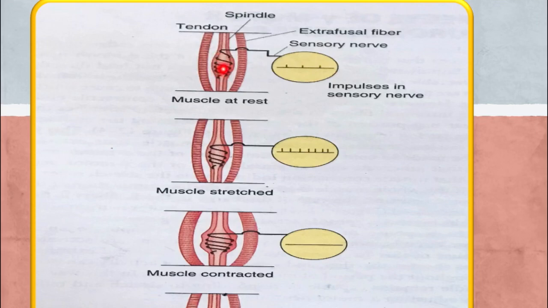Okay, muscle spindle, and we are recording the impulses generated in this black afferent fiber. Forget about 1A or 2, we are just recording the activity or impulses in the sensory afferent nerve fiber. At resting condition, there are very few fluctuations. Okay. Now, when we stretch the muscle, what will happen?